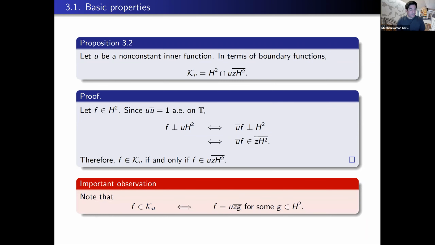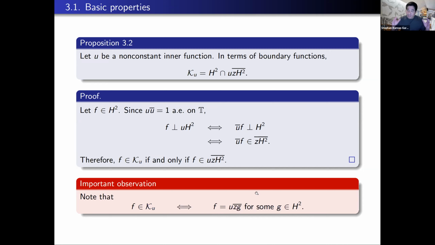So an important observation here is that F belongs to the model space Ku if and only if, well, we go back here, right? F has to look like this. It has to be something of this form. So in other words, there has to be some companion function G in H2 so that F, this function in H2, happens to be equal to U times Z G bar.